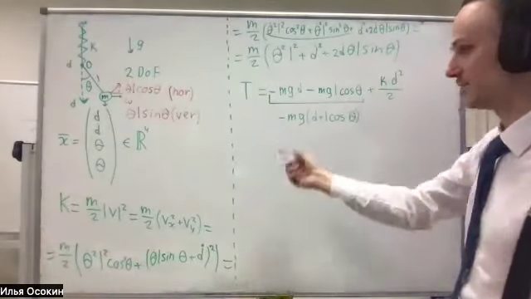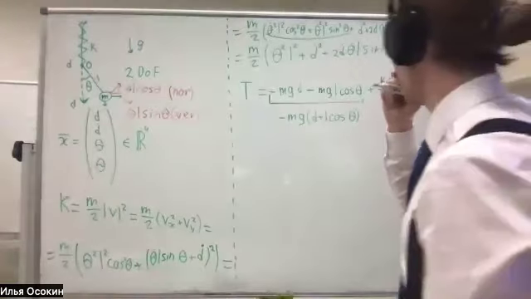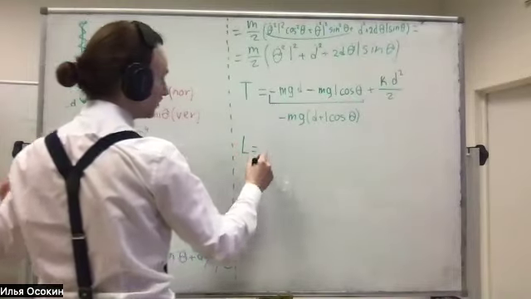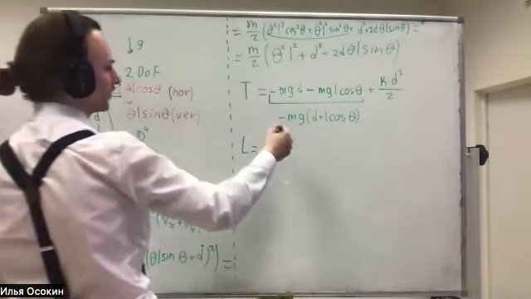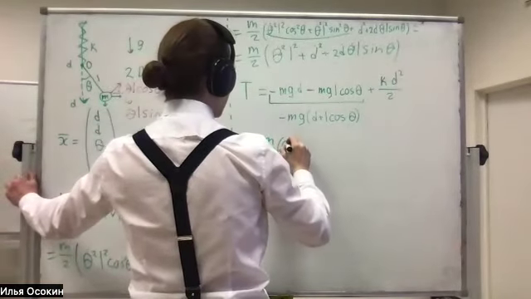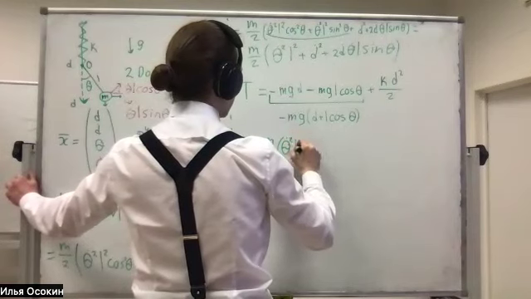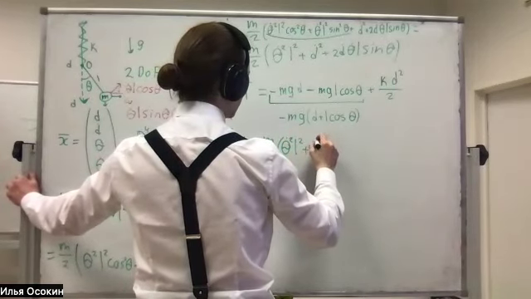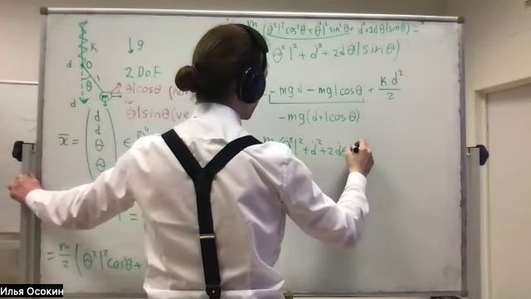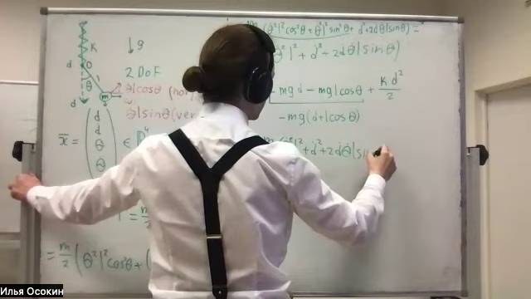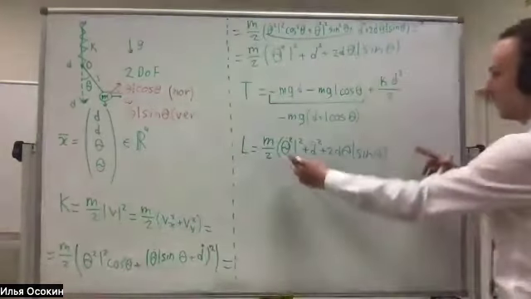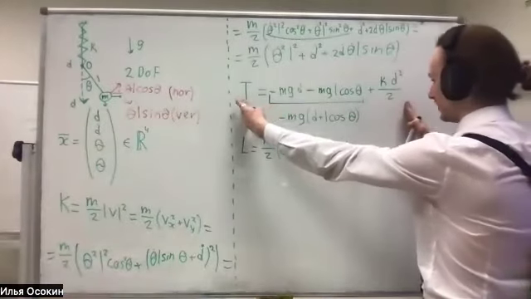Awesome. So we have the kinetic and potential energy, and now we can write down the Lagrangian. The Lagrangian will be equal to, and I'm just copying from here, m over 2 times theta dot squared L squared plus d dot squared plus 2 d dot theta dot L sine theta, minus the potential energy.